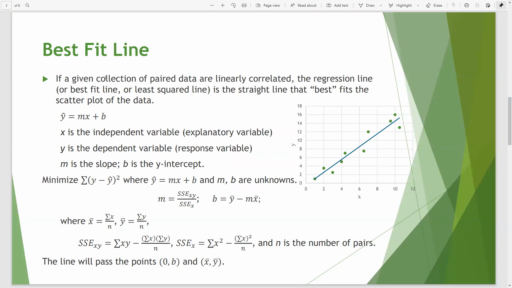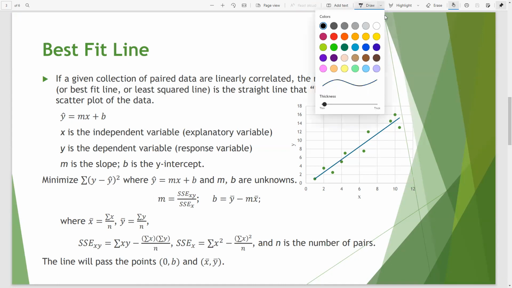Given a collection of paired data that are linearly correlated, the regression line, or the best fit line, or the least squares line, are all the same thing. The least squares line shows the method. It's the straight line that best fits the scatter plot of the data.